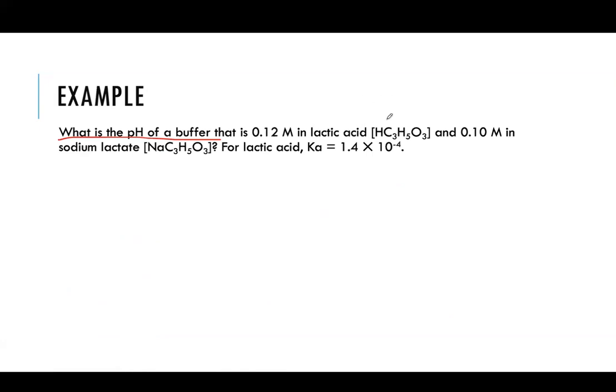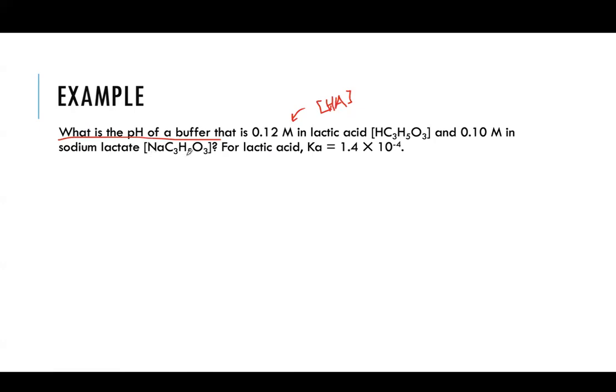In this buffer, I know the concentration of my weak acid, HA, which is lactic acid. So I can say in generic terms that my HA concentration is 0.12 molar. And what is my conjugate base concentration? After this weak acid gives away hydrogen, it becomes C3H5O3 minus, which is going to be my conjugate base.